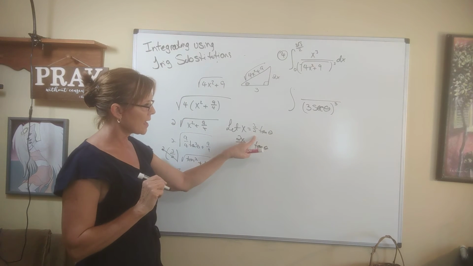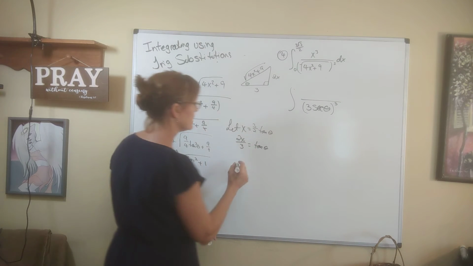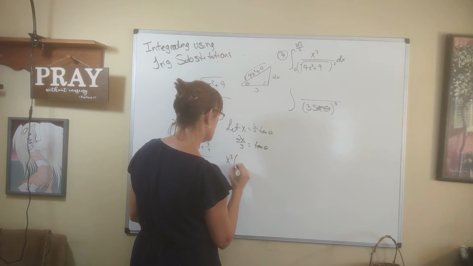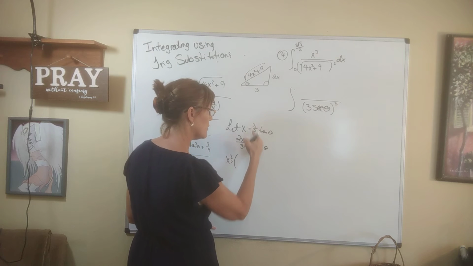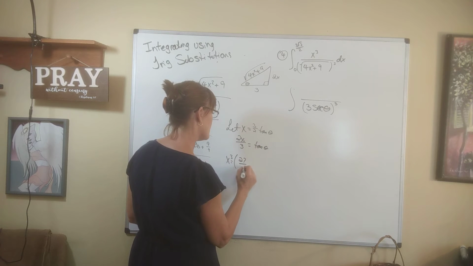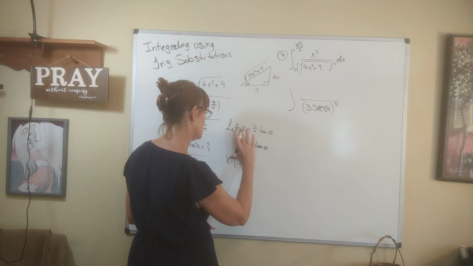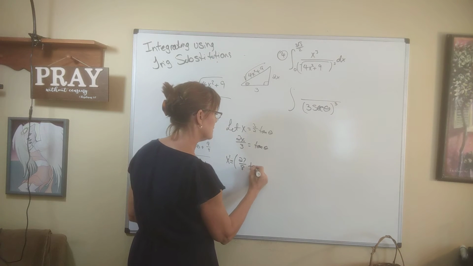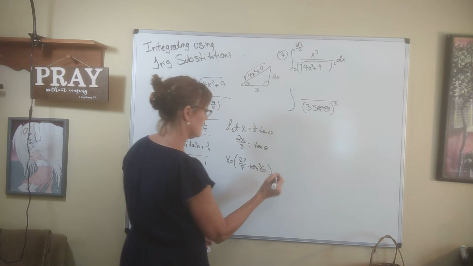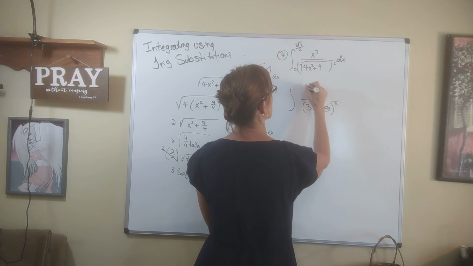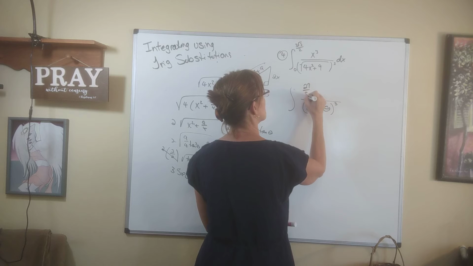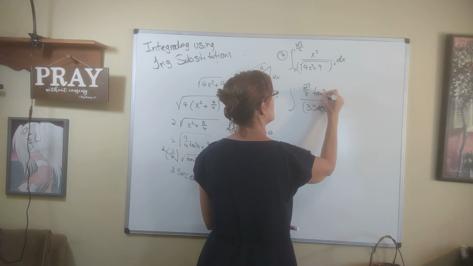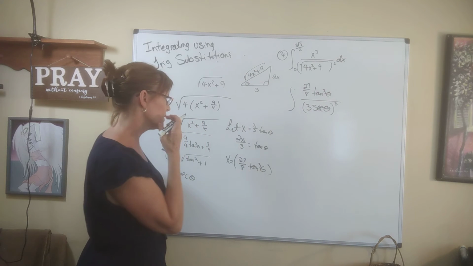All right, if this is x, what would x cubed be? x cubed would be 3 over 2 cubed, or 27 over 8, tangent cubed. All right, what would dx be?